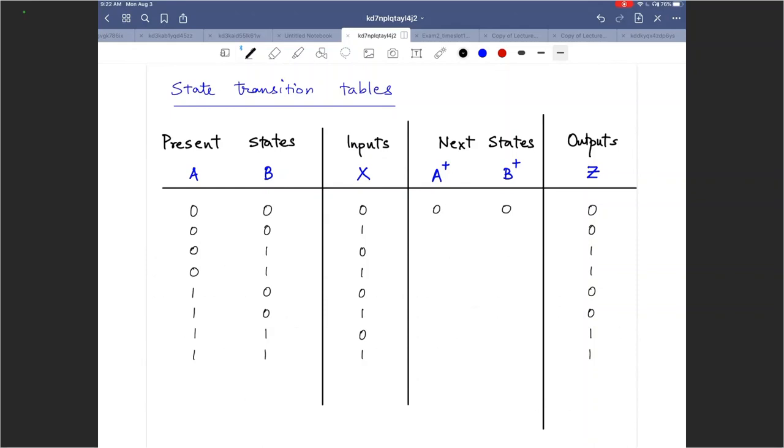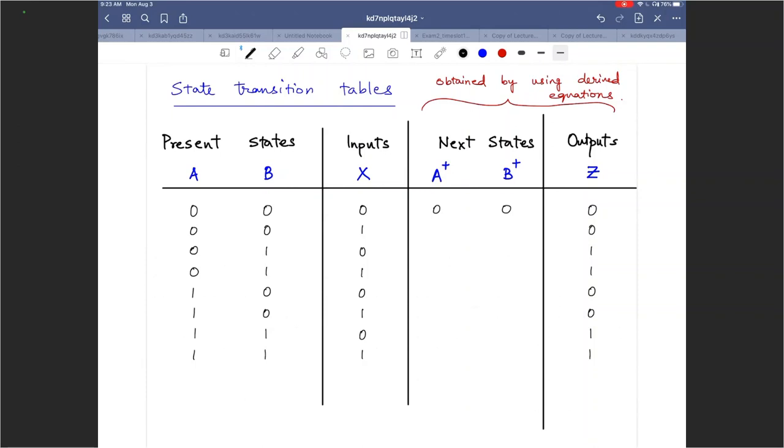So I hope you see that we are using the equations that we derived, obtained by using derived equations. And then you fill out the entire thing. So if you do this right, you should get these values.